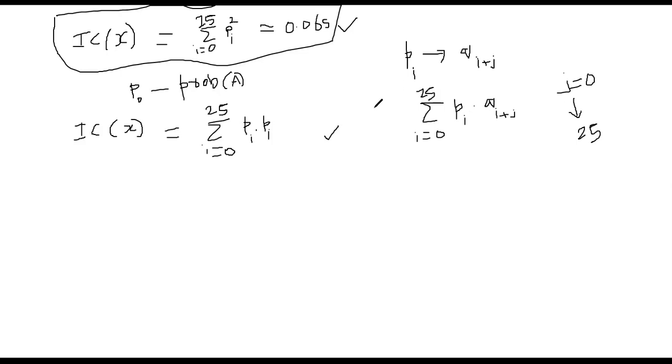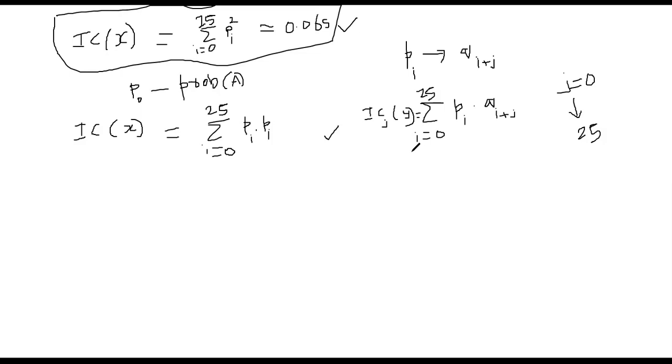For each such j, I'm going to index it now. Suppose you're given the ciphertext Y. Y is the ciphertext we want to break. All we are going to do is compute this for different j, where j can be 0, 1 through 25.